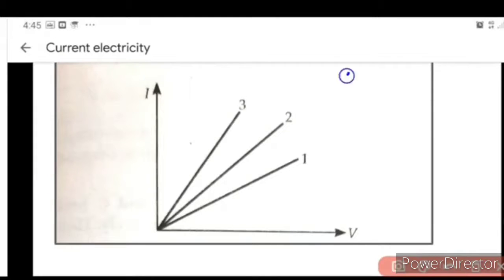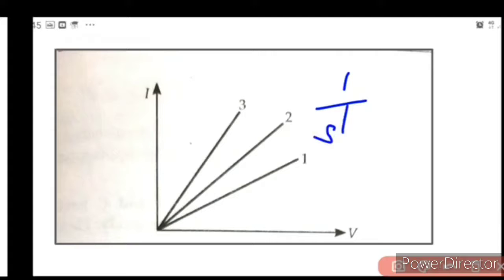So as we said earlier, 1 by slope is equal to resistance. Since they are connected in series, resistance will be high. From the graph, which shows the highest resistance? Graph 1. So graph 1 shows the effective resistance of 2 and 3 when they are connected in series. So the answer is graph 1.